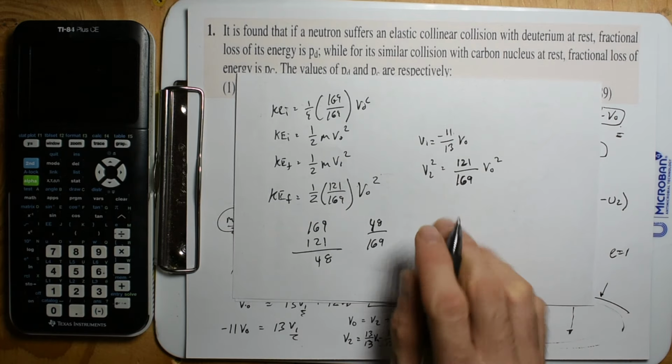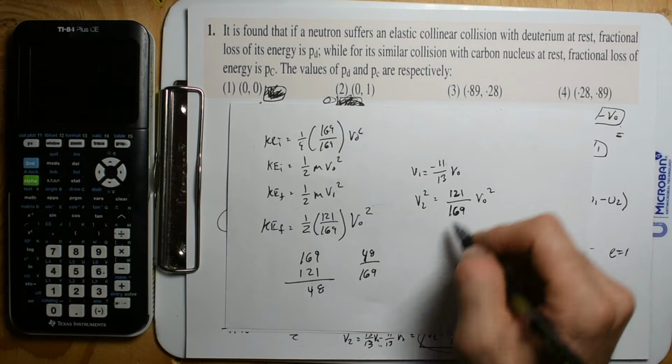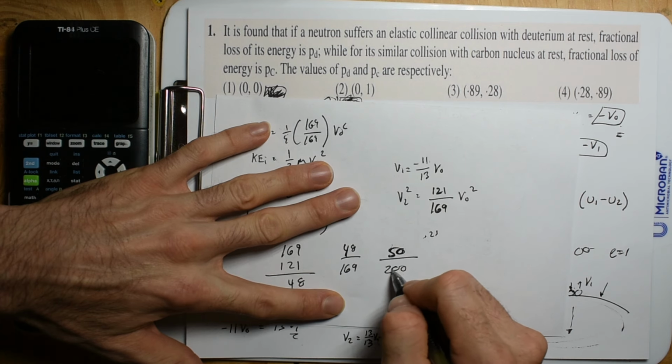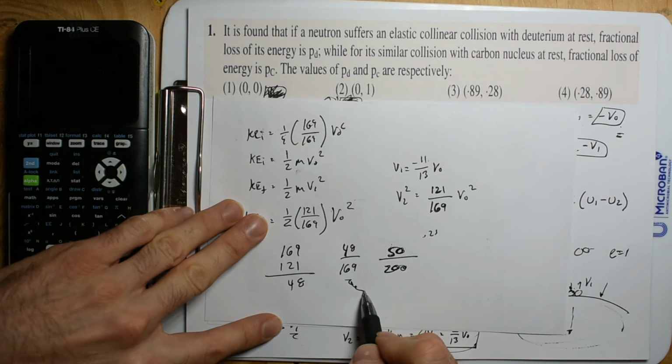48 169ths. And this is where you're just like, well, is that 0.28? I don't know. Let's say it was 0.25. So we're going to have basically 50, and if this was 0.25, we would have 200 here. And I mean, that's close enough. And this would only be 0.25.